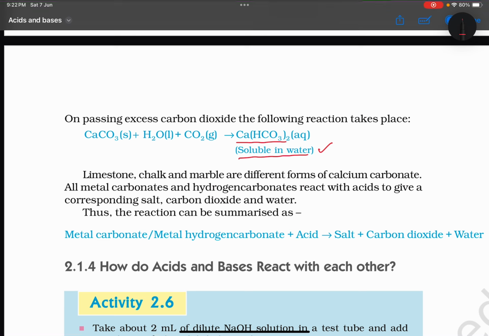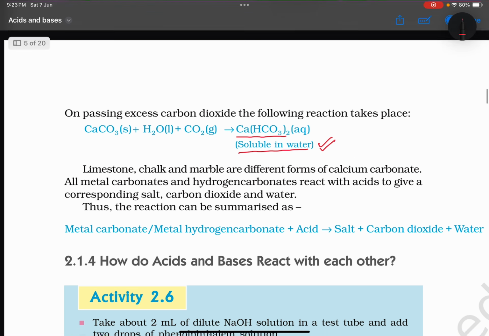They are responsible for the hardness of water. How do you identify hard water? Very simple. When you wash your face, if the soap you apply goes immediately, the water is hard water. If the soap is continuously giving you foam, that means the water is good water. So hard water is because of such kinds of salts.